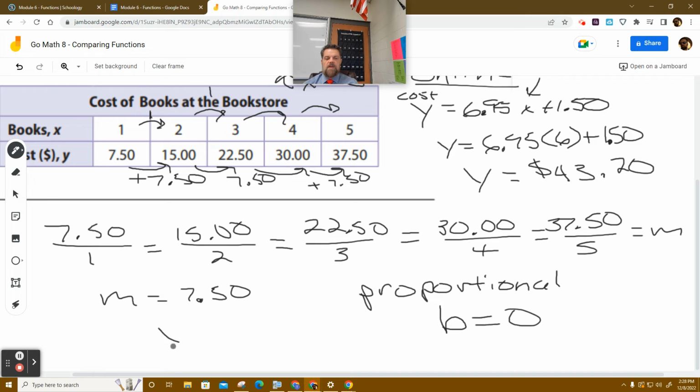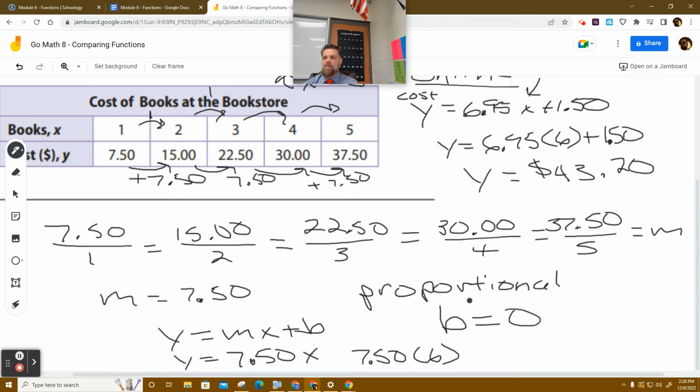So that means the equation y equals mx plus b for this would be 7.50 times x plus 0, but we don't write the 0 down. So in order to find out how much it costs at the bookstore, don't I have to say 7.50 times what? x.